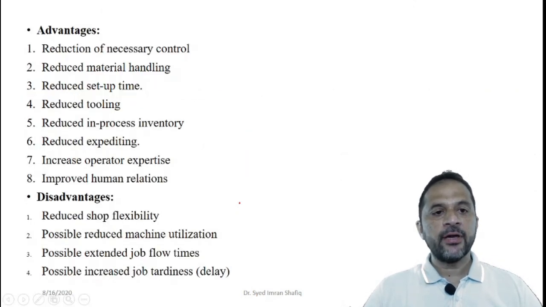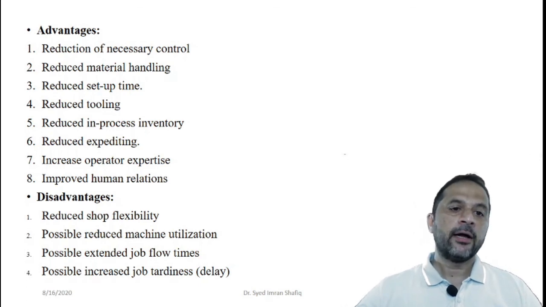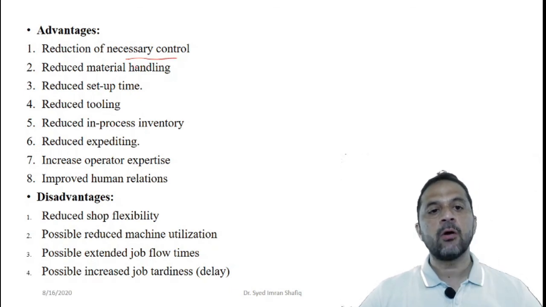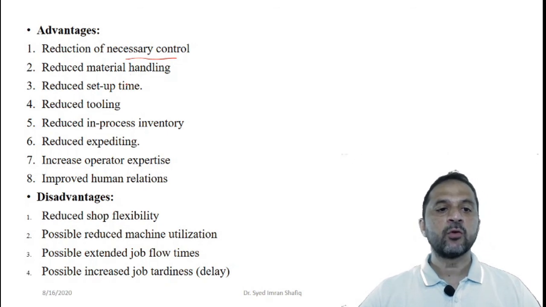So there are various advantages of group layout, and first is the reduction of necessary control. As we have seen, in purely process layout there is a greater need of supervision, so that can be reduced. You can have inspection after every cell, so you don't have to do it after every operation.